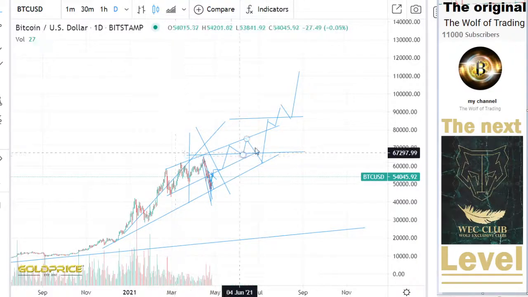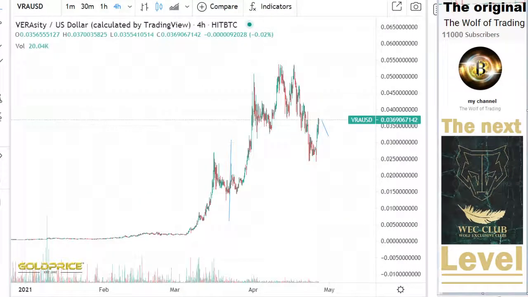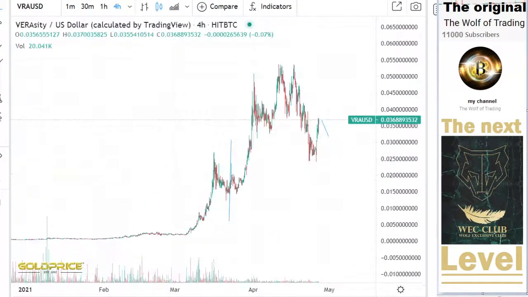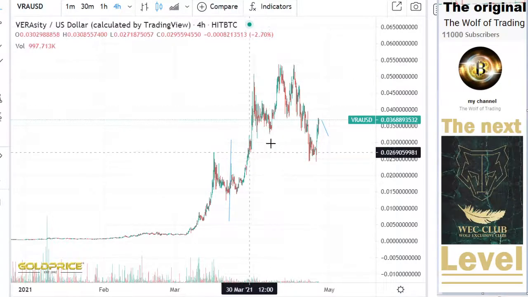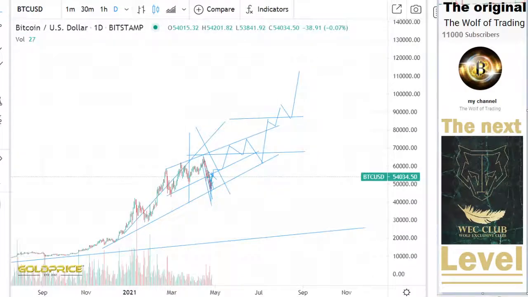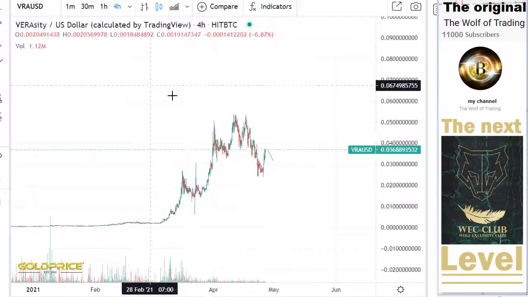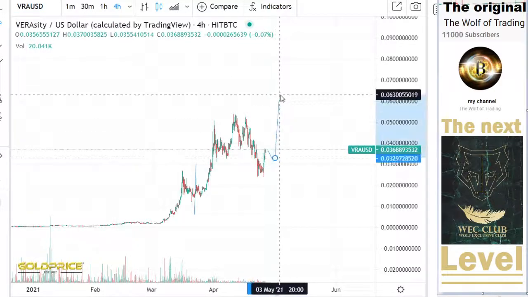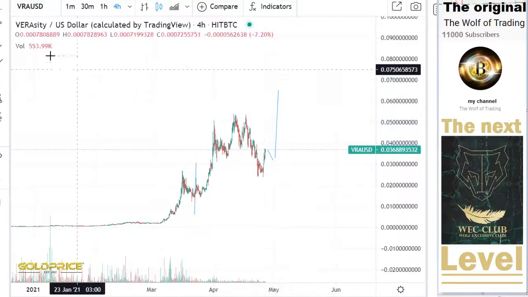This is the left shoulder, head and right shoulder formation, and if we look at this here, we can recognize this is our left shoulder. The left shoulder shows to the top side, and that means we will go in this way to the top side.